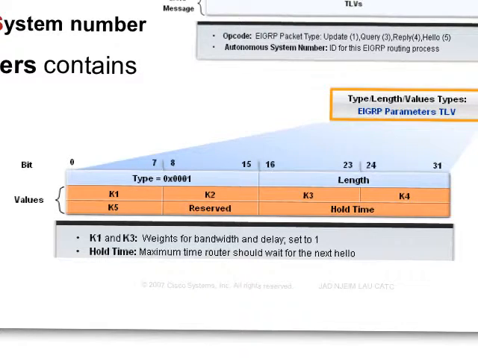Okay. Type. Again, we didn't talk about hold time. Well, hold time is the time that a router has to wait before it considers another router down. And it's usually 3 times the hello frequency, which means that if the frequency of the hello message is 5 seconds, a router should wait for about 15 seconds before it considers another router down.